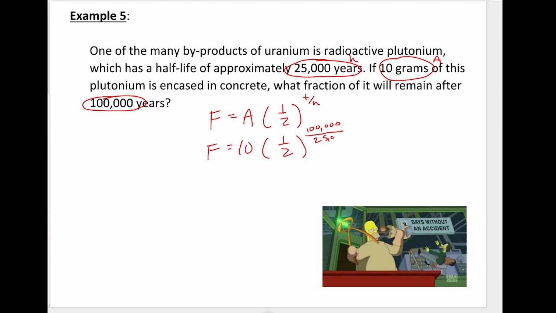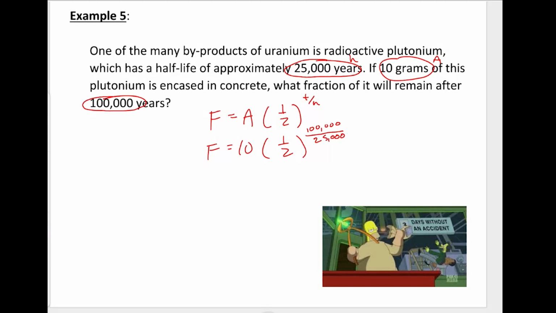Over 25,000 years, you can see that we're going to have exactly 4 half-lives occurring. Right? 25 goes into 100 4 times. So basically, we're going to take that 10 and just cut it in half 4 times. You can almost do that in your head, right? Cut it in half once and you get 5, and then 2.5. After that, maybe you can't do that in your head. That's okay, but we're going to do that essentially 4 times.